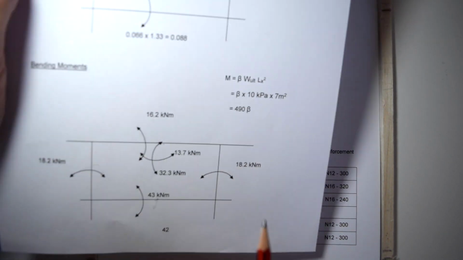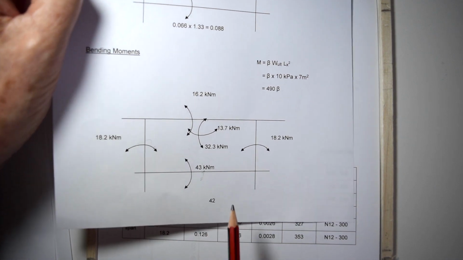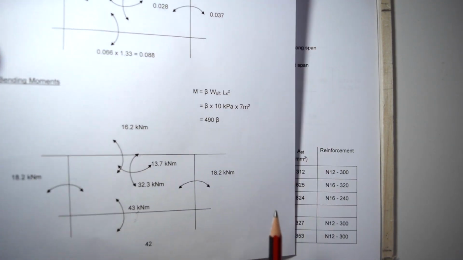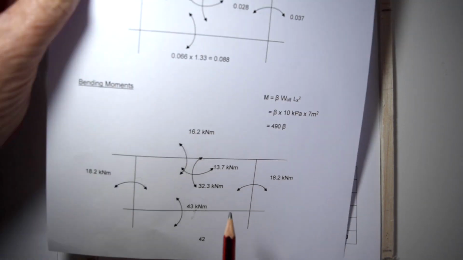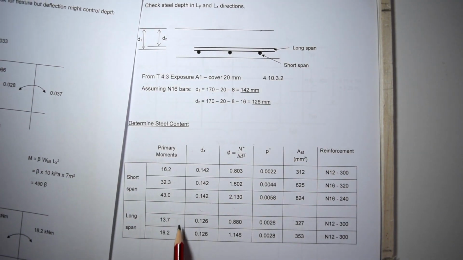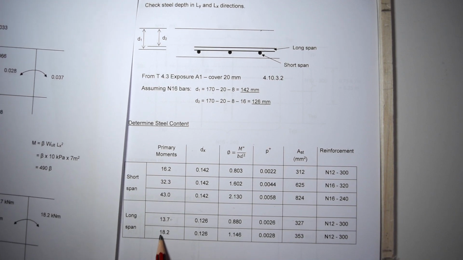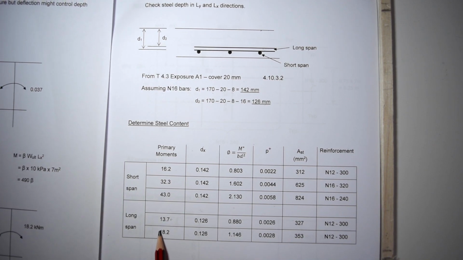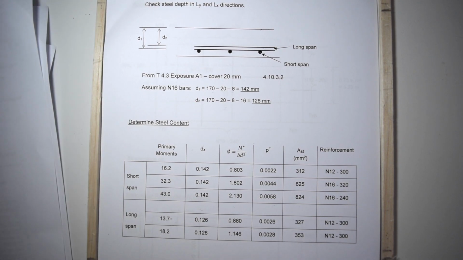The 43 is a negative moment over the continuous edge of the long span there. And then we've got on the long span, which is a steel running this way, a maximum positive moment of 13.7, and where we've got the slab going over the supports, negative moment of 18.2.